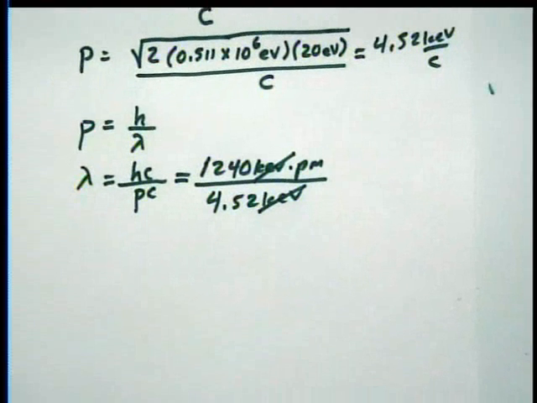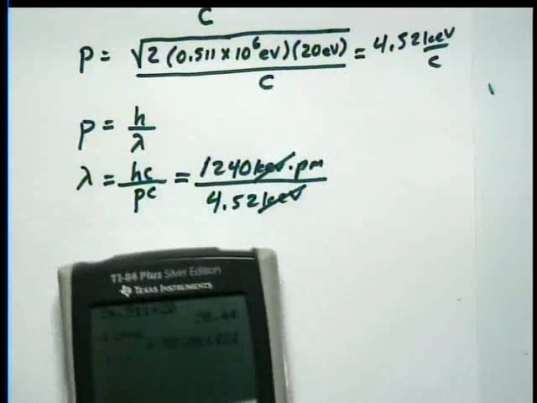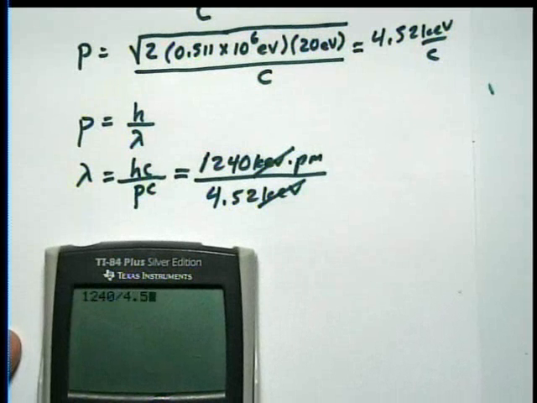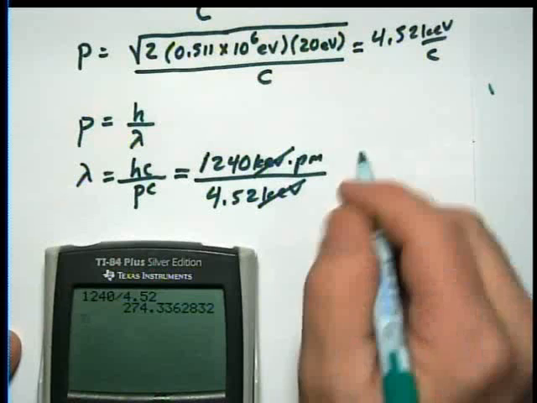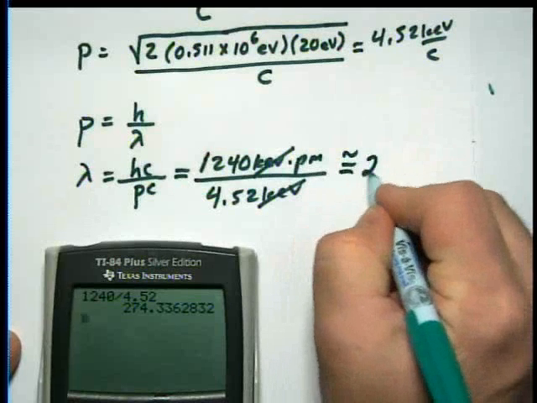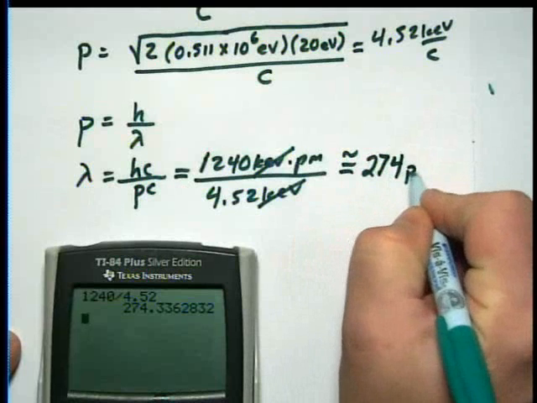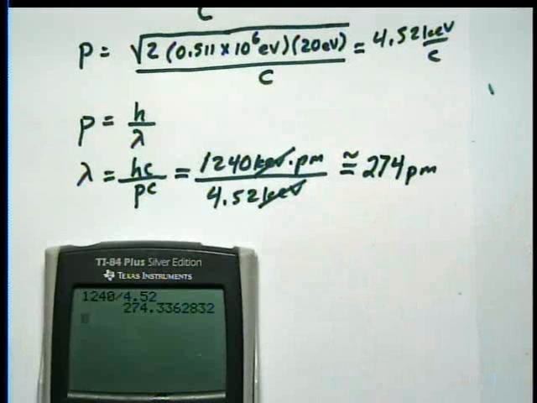So I'm about 1,200 divided by about 4, that's about 300 picometers. More precisely, 274 picometers.